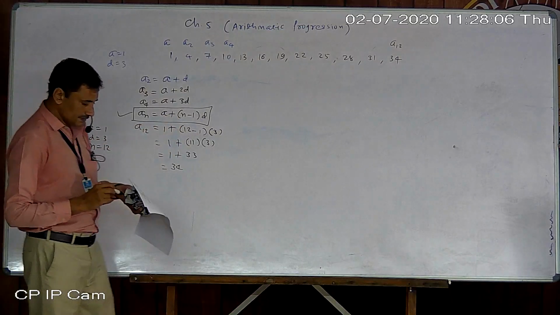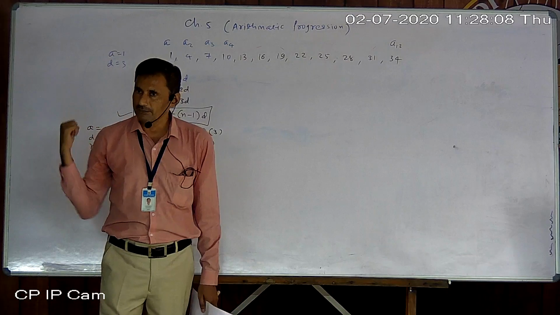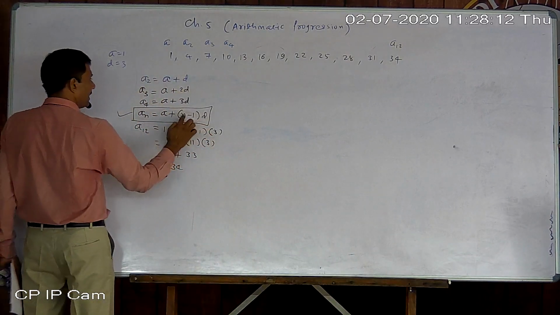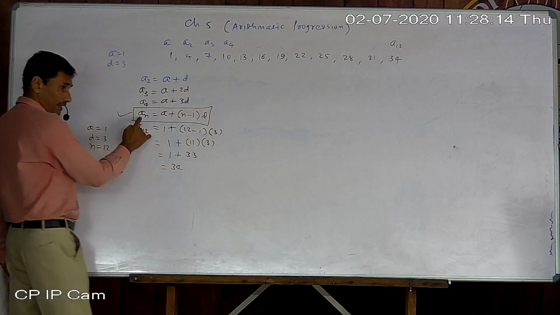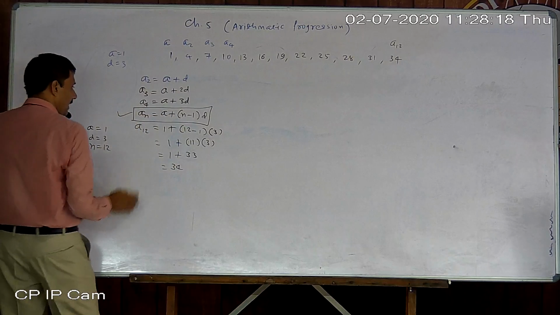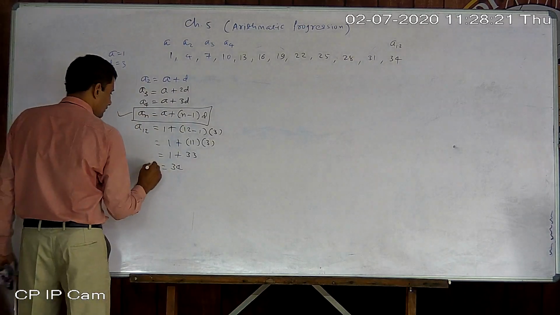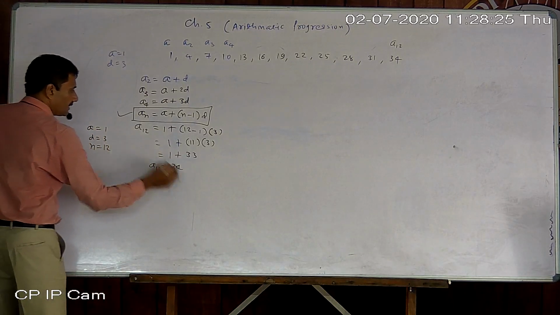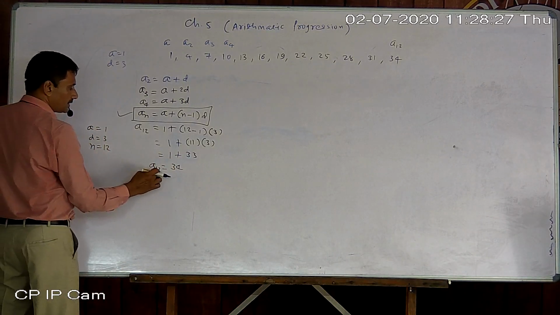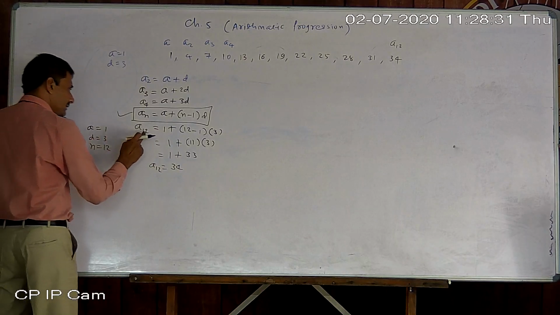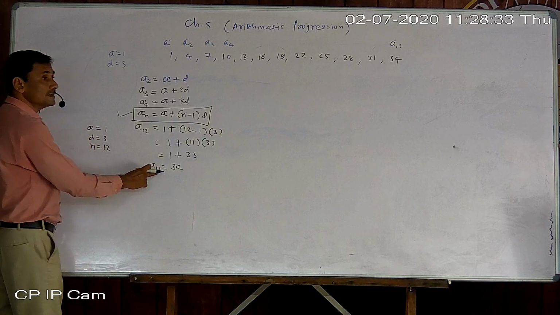Okay. So this is the main formula regarding arithmetic progression. Whenever a, d and n are given, you can find an. an means the particular number term. And a12 equals 34 means the 12th term's value is 34, and its number is written in subscript.